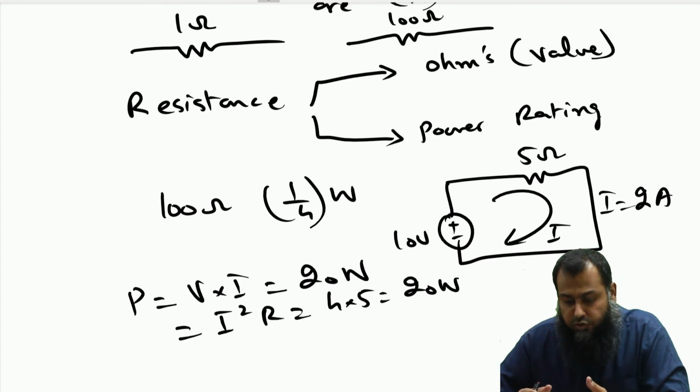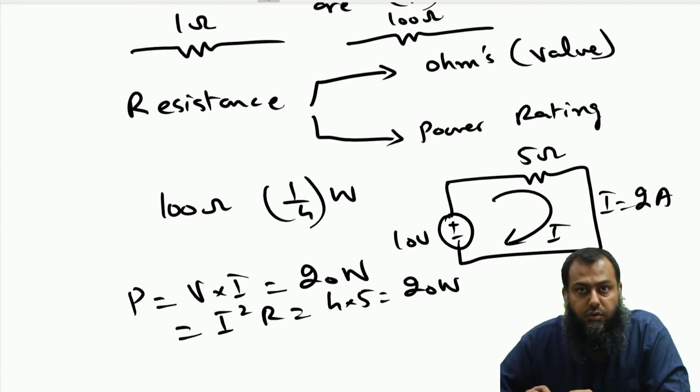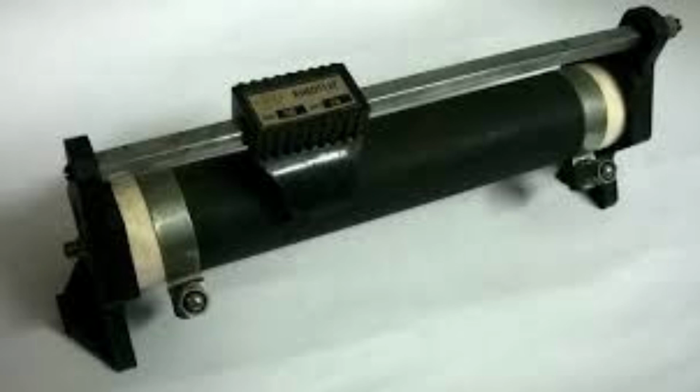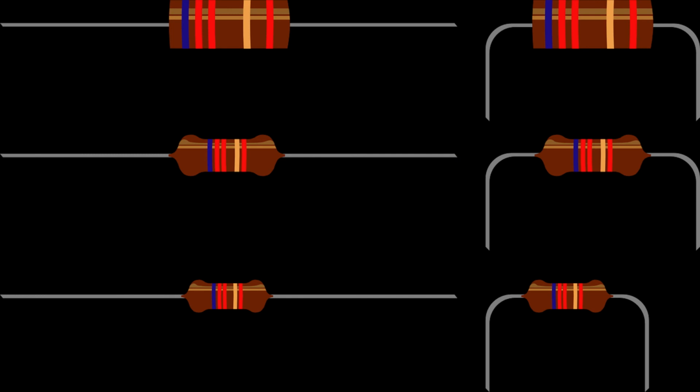The solution is to use resistances that are known as power resistances. Let me show you some of them here. This particular power resistance is a 100 watt power resistance, and it comes in quite a big metallic frame. Then we have some small resistances available here.